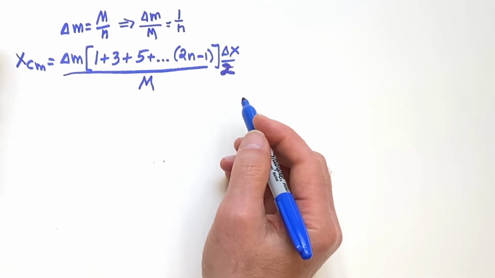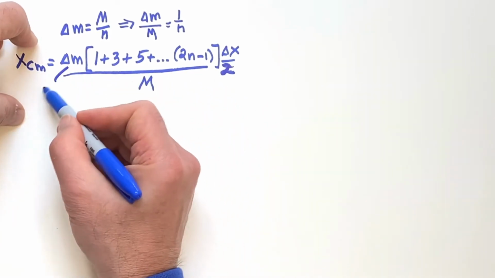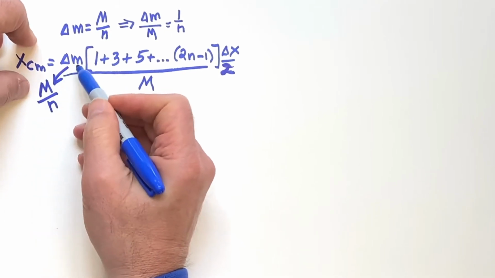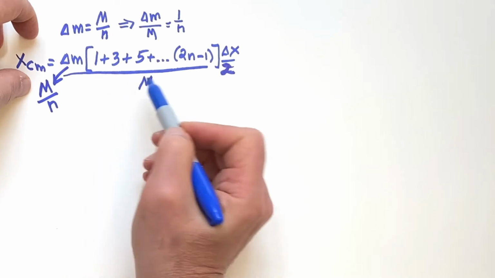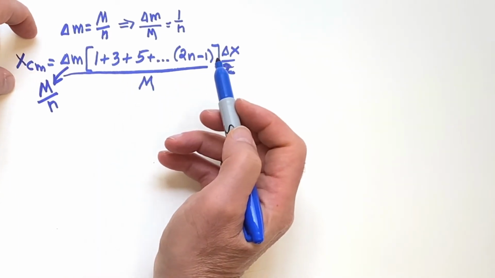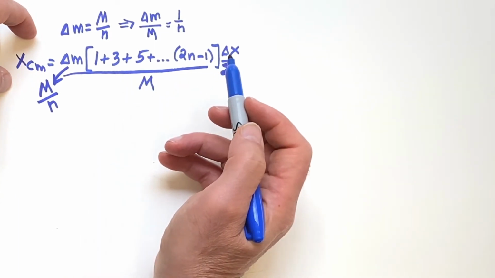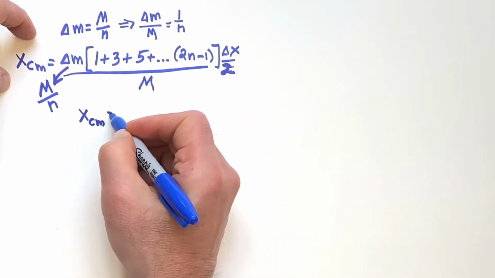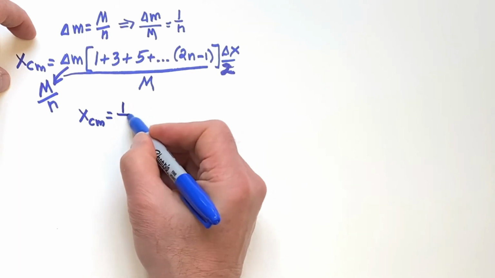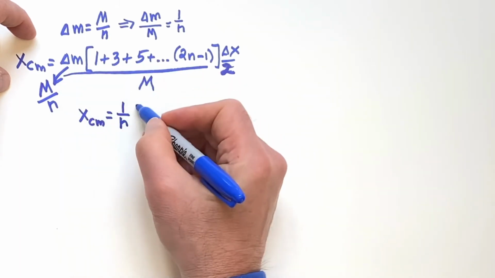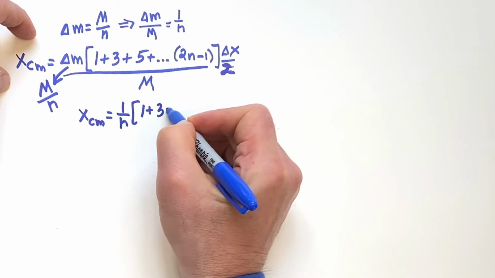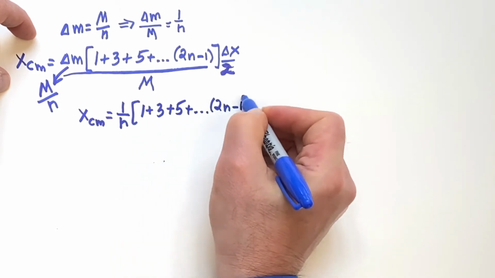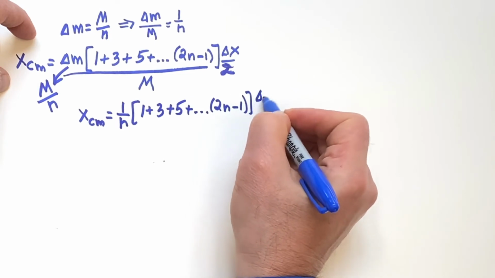In other words, by replacing this with capital M over n, the big M's are going to cancel out, and you're going to have the formula: the center of mass is going to be 1 over n times 1 plus 3 plus 5, dot, dot, dot, 2n minus 1, times delta x over 2.